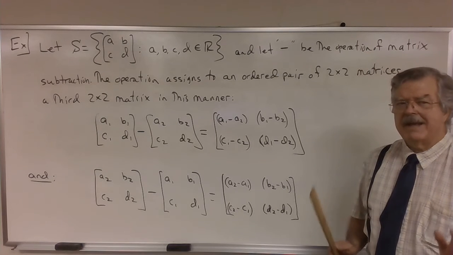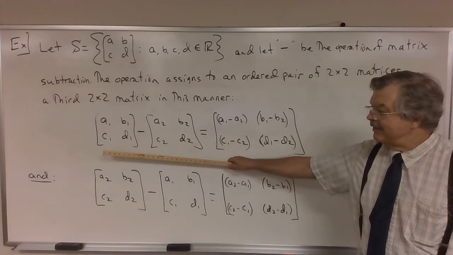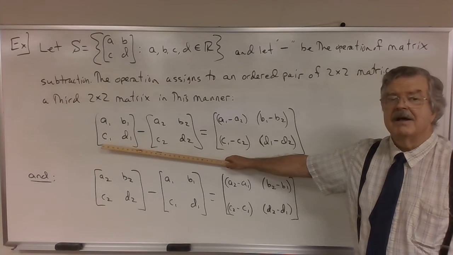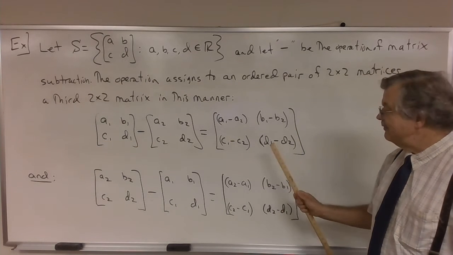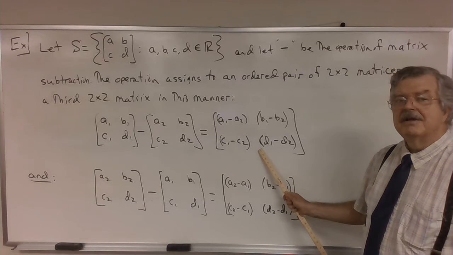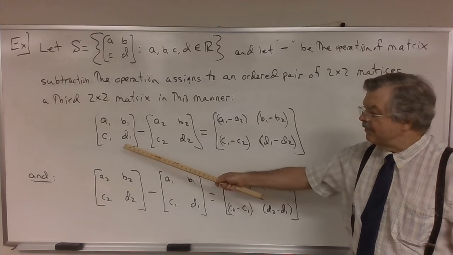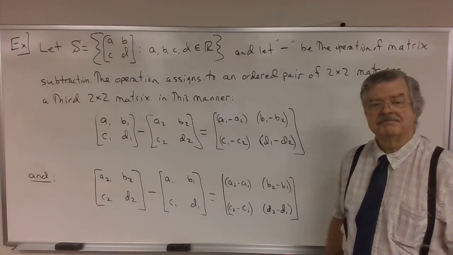And order matters. The order of the matrices in our ordered pair matters. Our binary operation will assign a different result to a pair of matrices depending on the order of the first and the second elements.